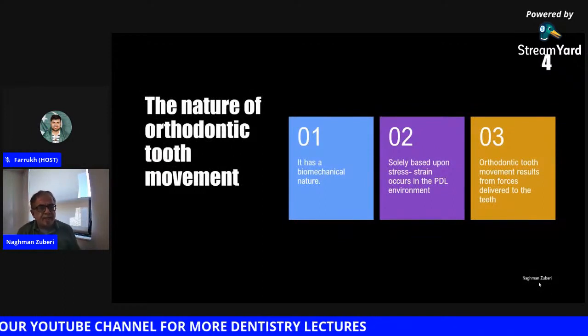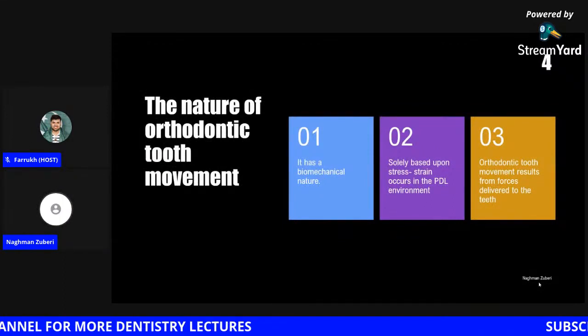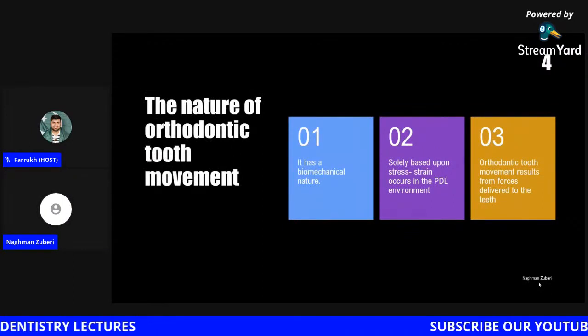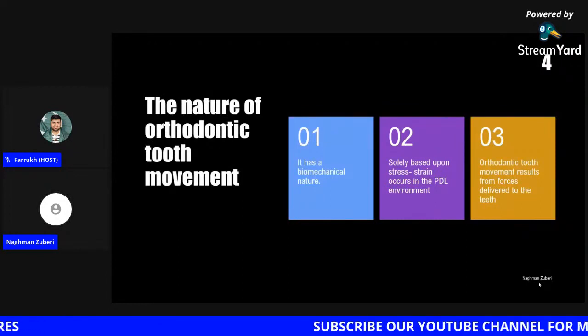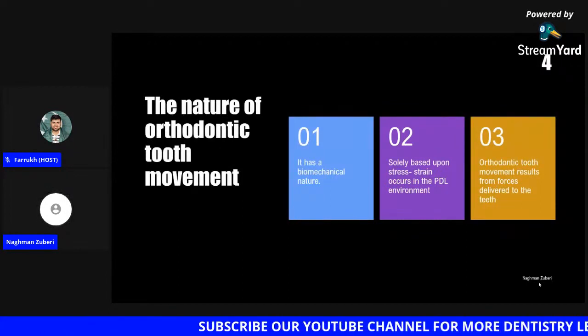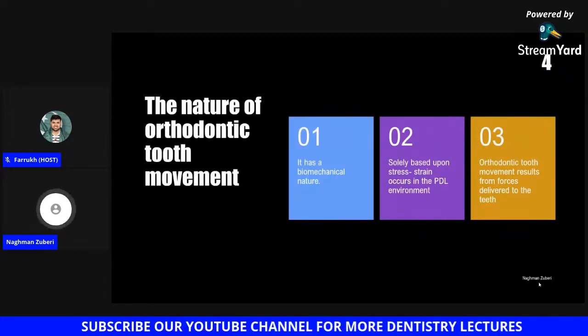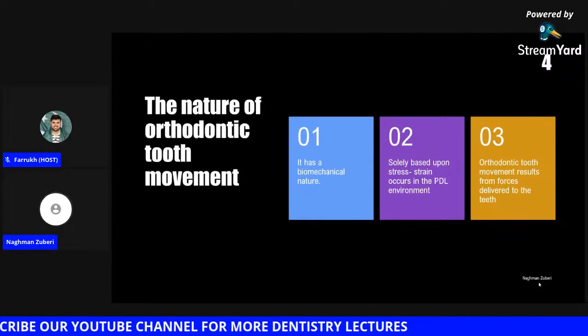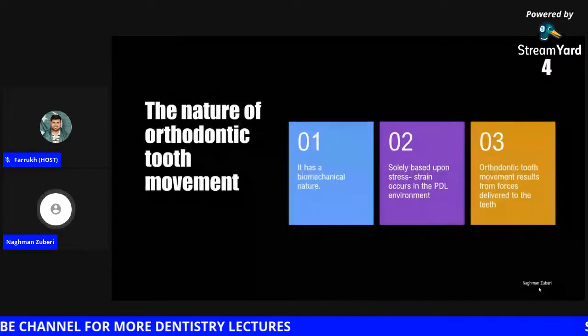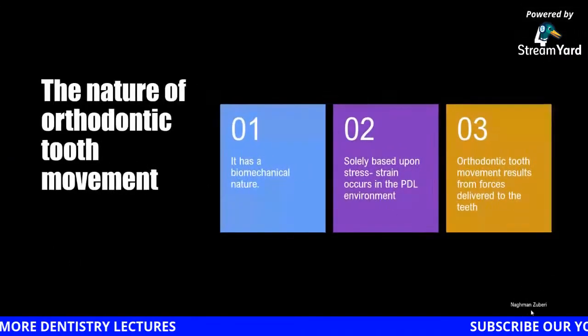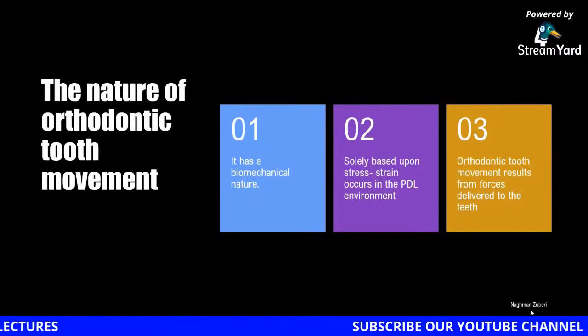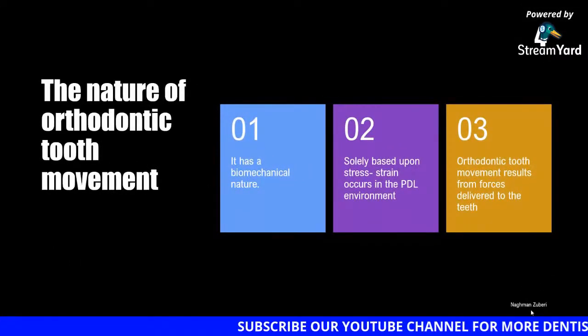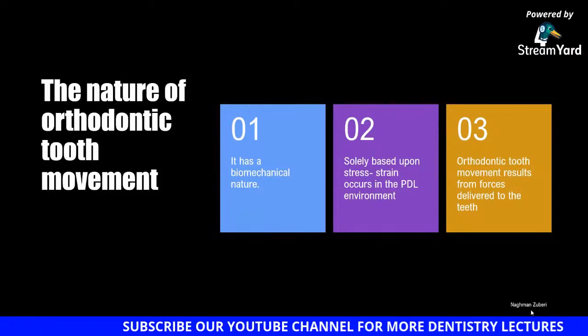When we look at the nature of the orthodontic tooth movement, it has a biomechanical nature. It is solely based upon the stress strain that occurs in the periodontal ligament environment. And orthodontic tooth movement results from the forces which are delivered to the teeth.